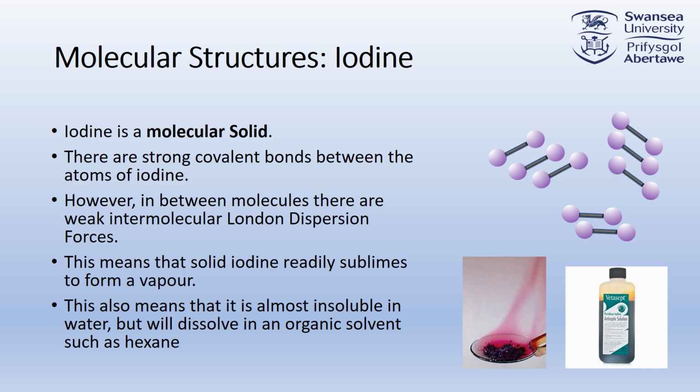However, it will dissolve in organic solvents such as hexane, because all that's needed is to overcome those weak dispersion forces. Which is kind of handy because you may have come across this Betadine, on the right hand side, an antiseptic solution. So povidone iodine is a really, really potent antibacterial.